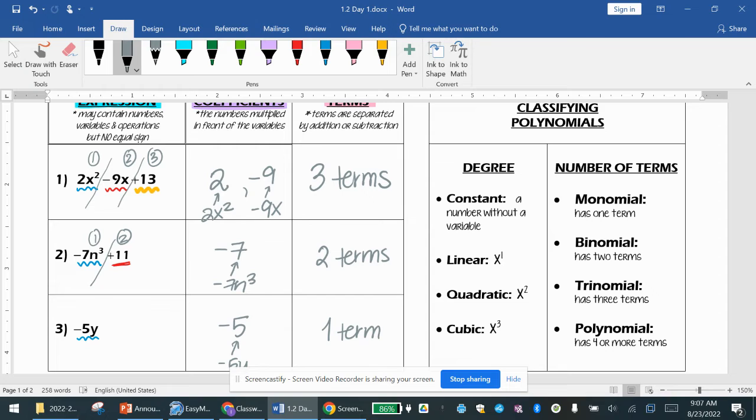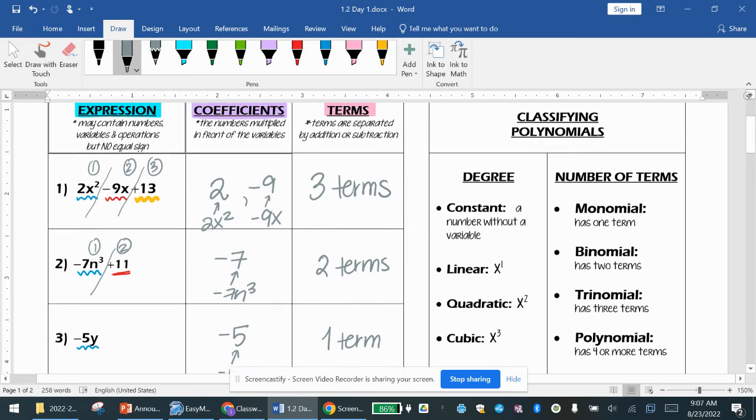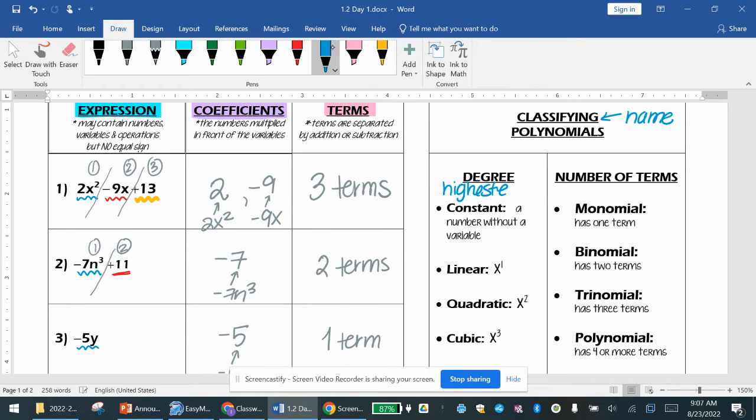We had exponents of 3 and exponents of 2 on the variable. So let's review a couple basics in terms of how to name or classify polynomials. Classifying is a fancy word for naming a polynomial. The degree is the highest exponent that you see in an expression.